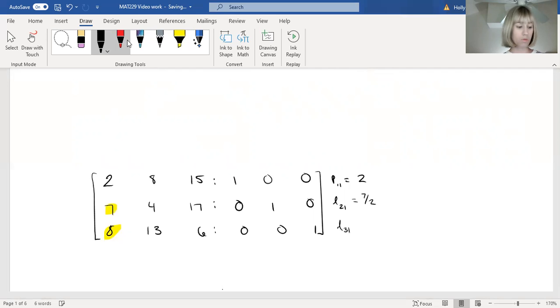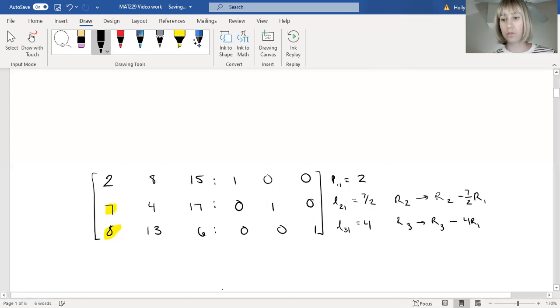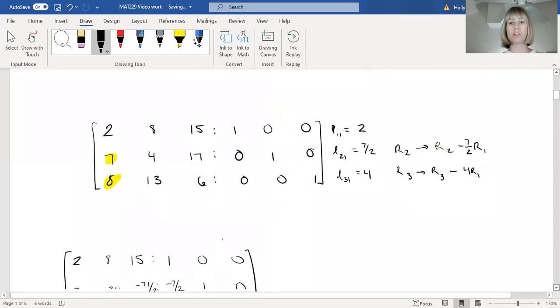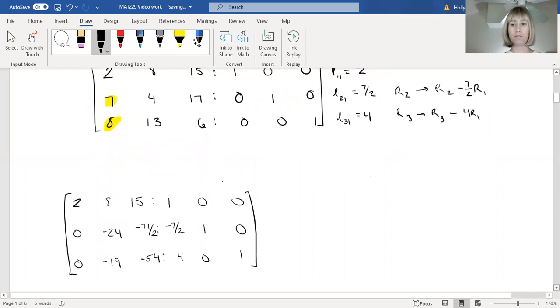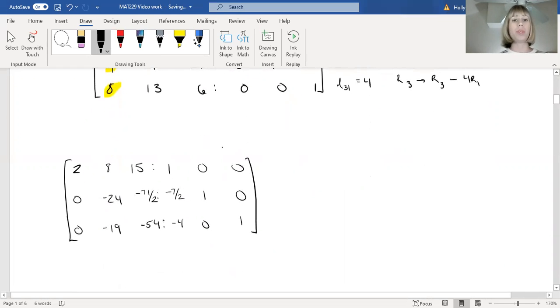For the position at 3,1, our multiplier is 4, leading to the row operations R2 minus 7/2 R1, and R3 turns into R3 minus 4 R1. If we conduct these row operations, which I'm not going to go through in front of you because it would take very long, you will get this as the resultant matrix.